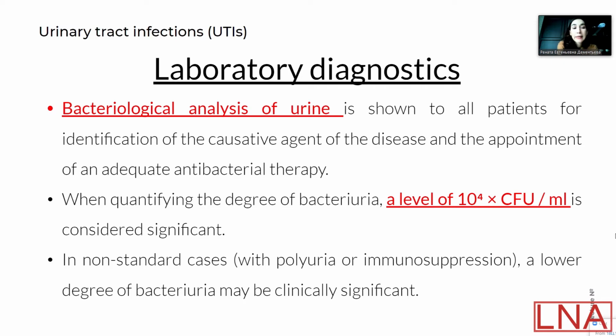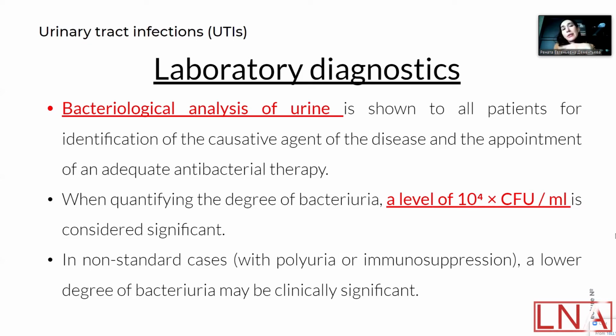When quantifying the degree of bacteriuria, a level more than 10⁴ per milliliter is considered significant, because if bacteriuria is less than this count, for example, a level of 10⁵, it is called asymptomatic bacteriuria, and we cannot treat such a patient.